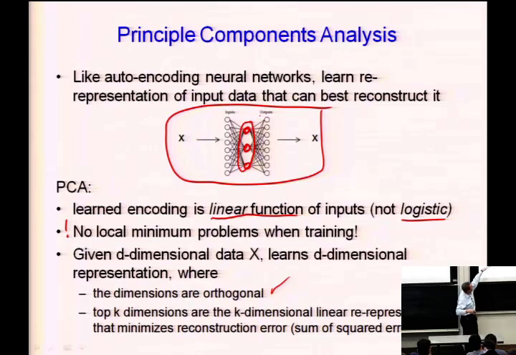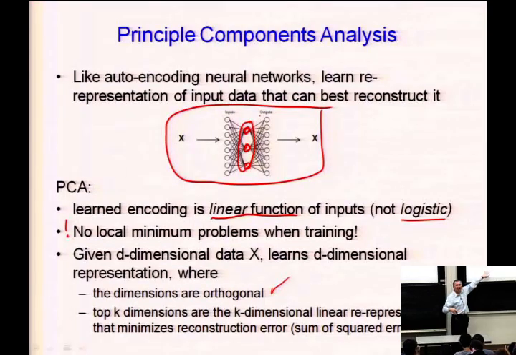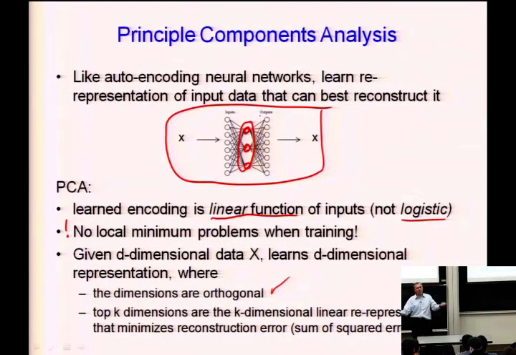And if we do that, then it has the interesting property that if we take just the top, and I'll say precisely what I mean by top in a sec, if we train it with 8 hidden units so that we can represent all of the linear functions, and then take just the top 3 of those 8 dimensions, then we'll end up having the 3-dimensional representation that is the best one you can get.